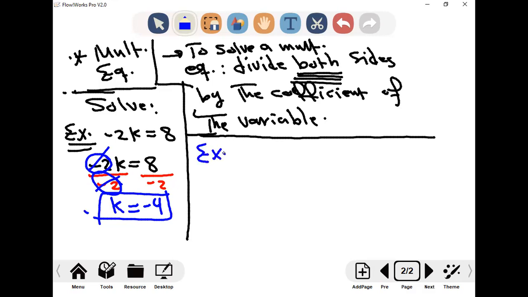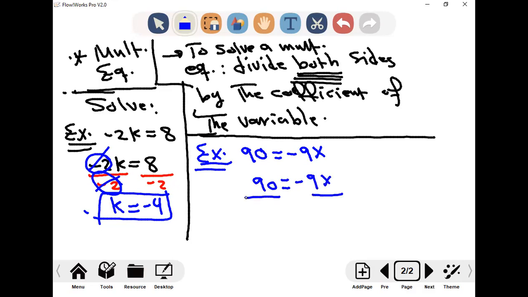Another example: 90 equals negative 9x. What's the coefficient? The number multiplied by x. I will divide both sides by it, but first rewrite the equation. Don't divide on the question itself. 90 equals negative 9x.